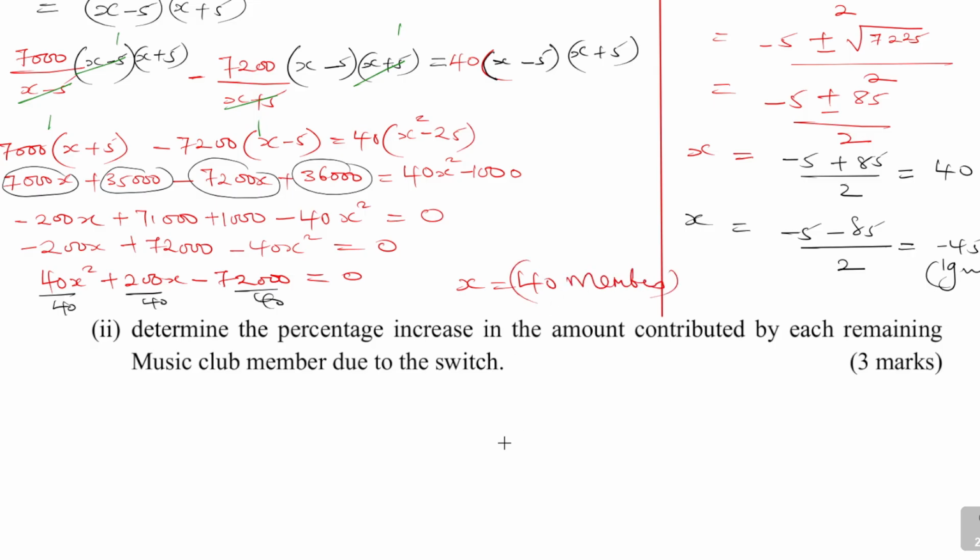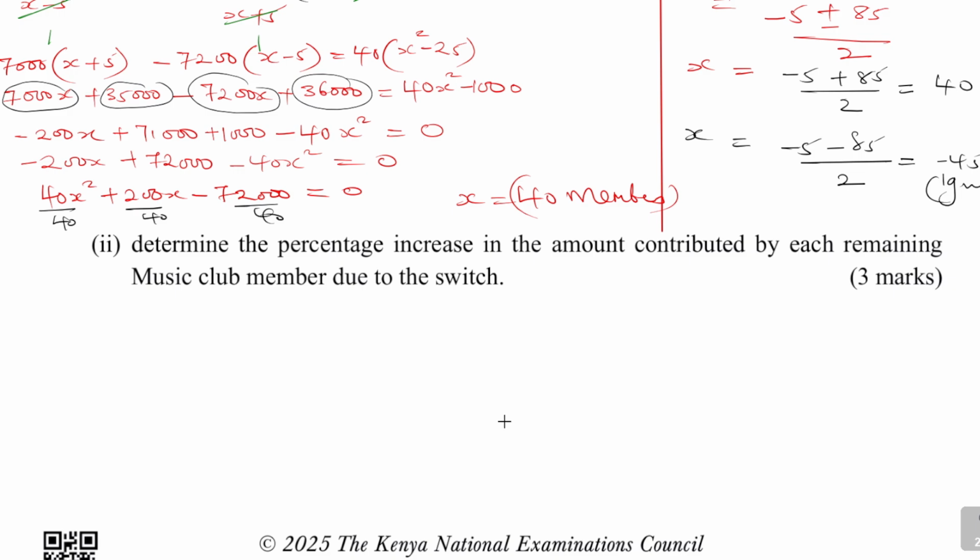Now part 2, determine the percentage increase in the amount contributed by each remaining music club member due to the switch. So we are going to consider the original amount contributed by each member before the switch. Before the switch, each member was supposed to contribute 7,000 divided by x.